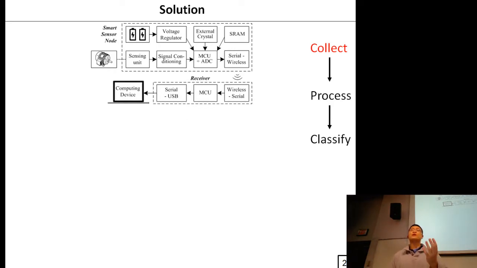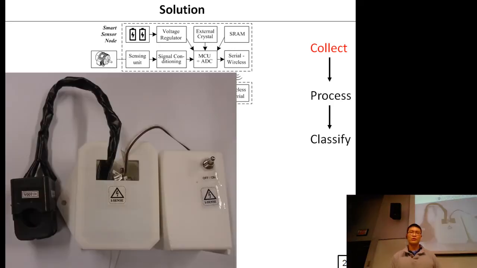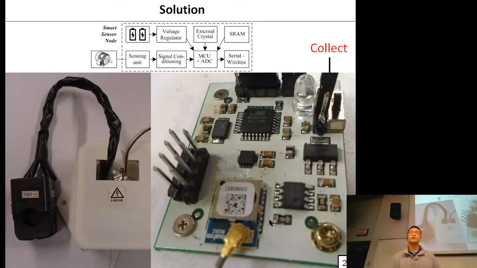So the result of this work shows this as a smart sensor. This is a sensing element, and we have a motherboard module here and a battery module here. And the internals look like this.